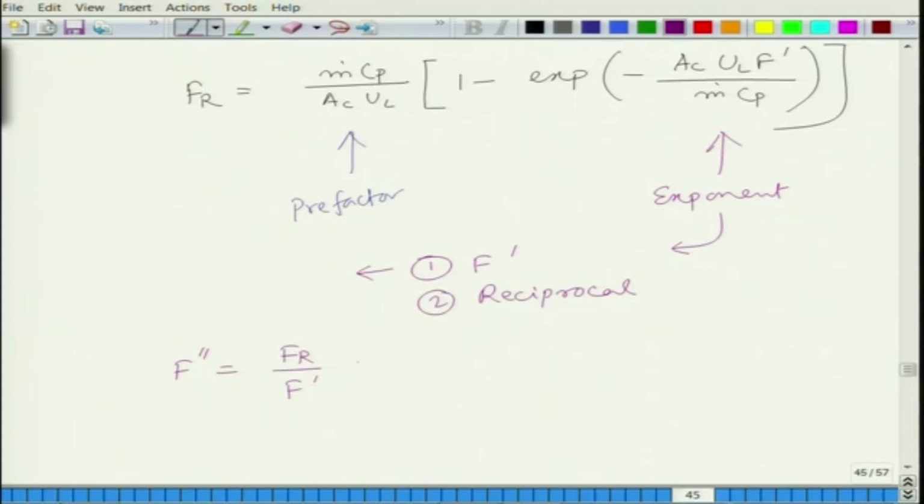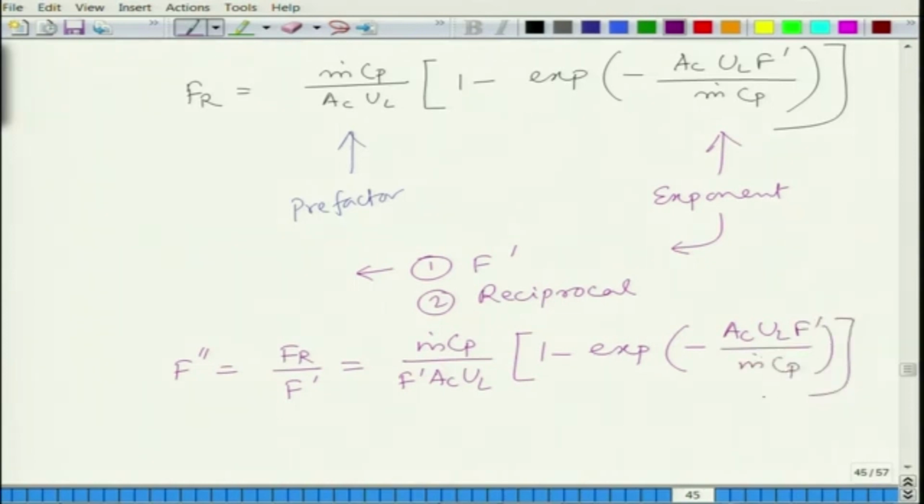Then this prefactor will also have the F prime now, because we have divided the whole expression by F prime. So, now we have 1 over exponent of A_C U_L F prime over m dot C_p.